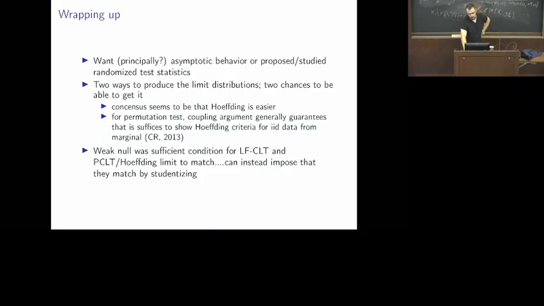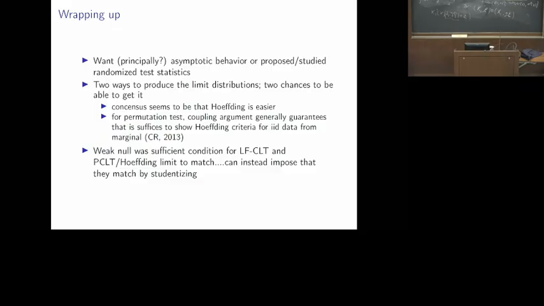Great. So what do we want? Principally, we want the asymptotic behavior of proposed studentized randomized test statistics. There are 2 ways to produce the limit distribution. The consensus seems to be that in most, but not all cases, Hoeffding is a little bit easier.